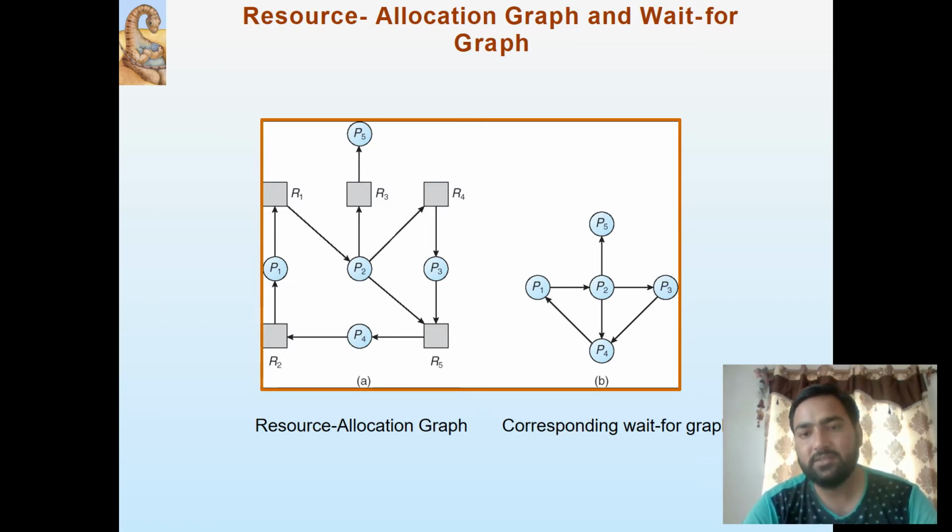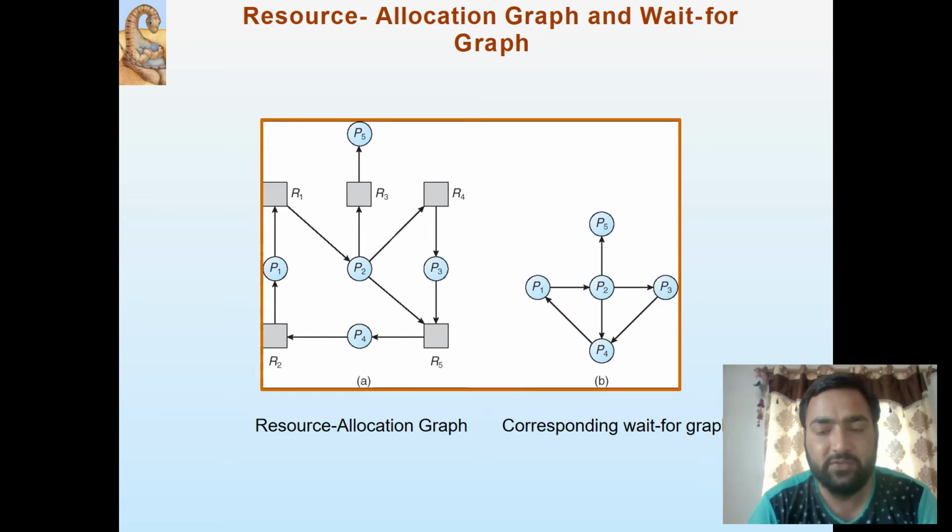In this you can see process P2 is waiting for processes P5, P3 and P4 to complete. P1 is waiting for process P2 to complete. P4 is waiting for process P1 to complete. P3 is waiting for process P4 to complete.